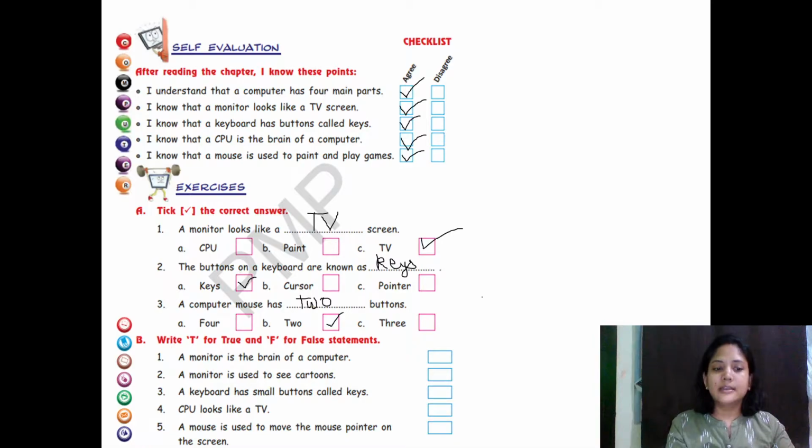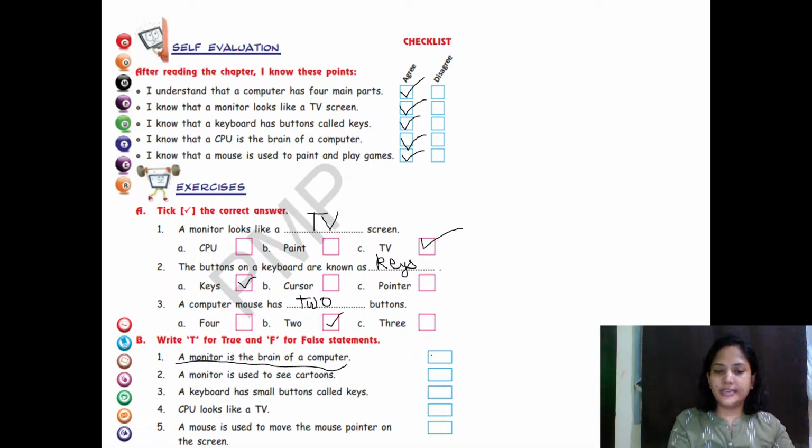Yes. Now see next, write T for true and F for false statements. Now the first statement, okay, you will read with me. A monitor is the brain of the computer. No, it is not right. The brain of the computer is the CPU.